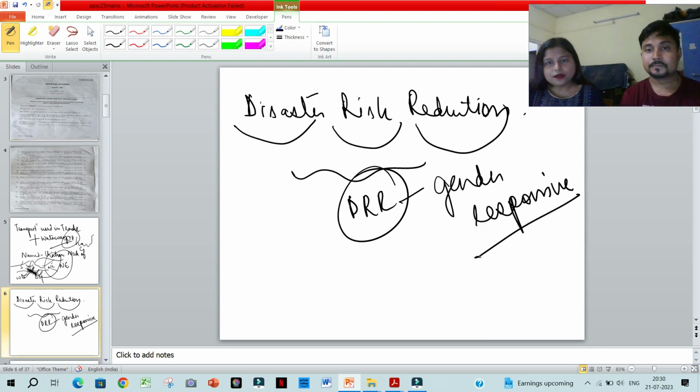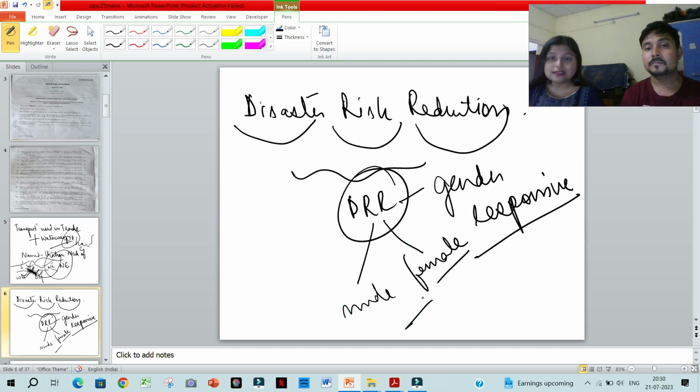It means that when a disaster occurs, it might affect the different genders differently. The male and the female community may be affected differently by a specific disaster. For example, let us assume that we have got floods, and a family goes off to a relief camp.